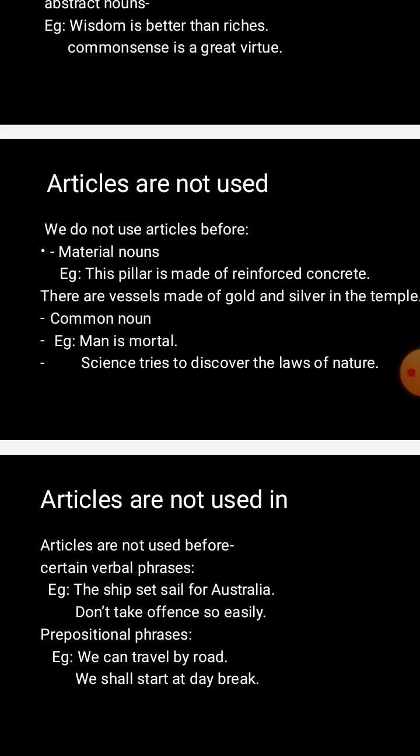A and an refer to singular, countable nouns. An is used before vowel sounds. A is used before words beginning with consonantal sounds. So I think this briefly explains a few things that you need to know about articles.